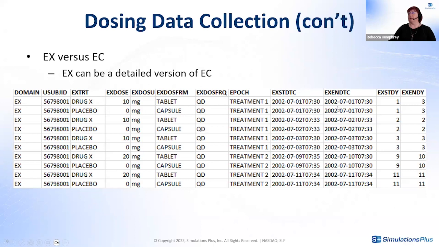You see that the start and end dates translate over exactly the same as they were in EC. And treatment 1 and 2 are also represented, but where the dose unit in EC was tablet and capsule, that translates to the dose formulation in EX as tablet and capsule. And the frequency is QD, or once a day.